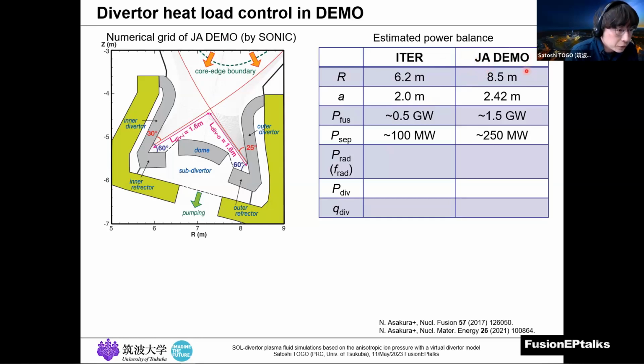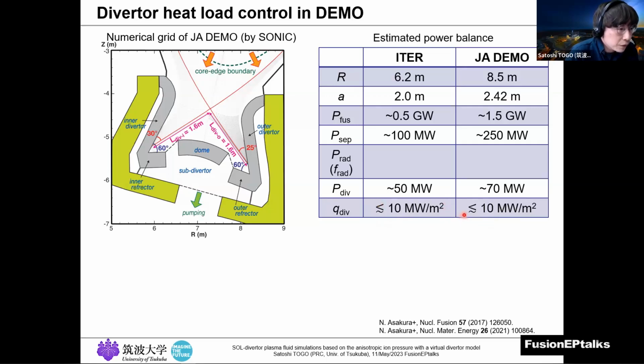JA demo is slightly bigger than ITER, but the fusion power will be 3-fold. This P-sep denotes the power across the separatrix, and it also will be 2 to 3-fold. Meanwhile, the tolerable heat flux on the divertor plates in JA demo will be about 10 megawatts per square meter, which will be similar to or a bit severer than that in ITER.